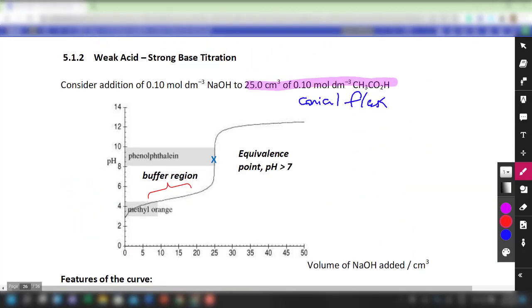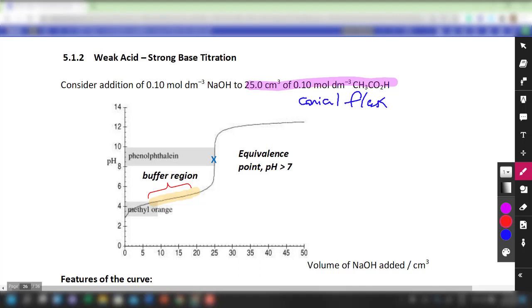Yeah, and the reason why after a while the increase isn't sharp is because you are actually producing a buffer here. Yeah, so remember, when you have pure ethanoic acid, once you have added sodium hydroxide, you are producing ethanoate. So a combination of a certain ratio of ethanoate and ethanoic acid is actually a buffer.